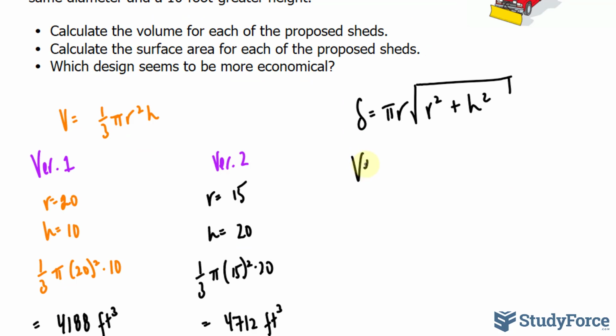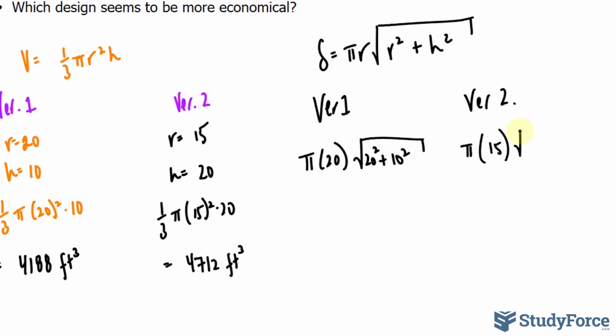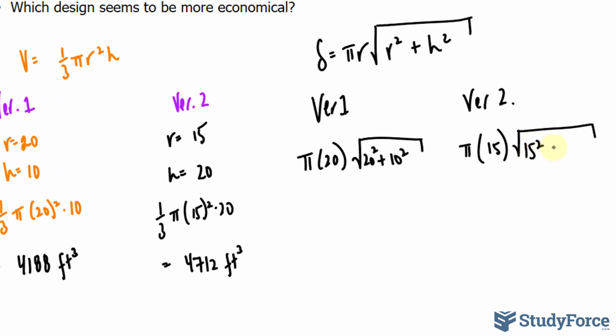Let's write down version 1 and version 2. Beginning with version 1, pi times 20 times the square root of 20 squared plus 10 squared. And for this one, pi times 15, the square root of 15 squared plus 20 squared.